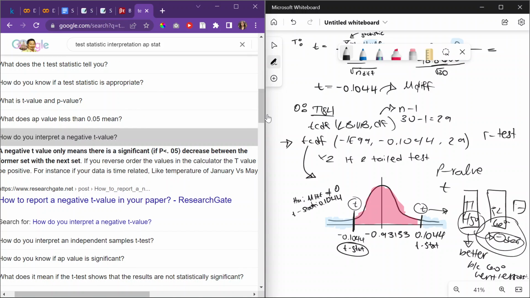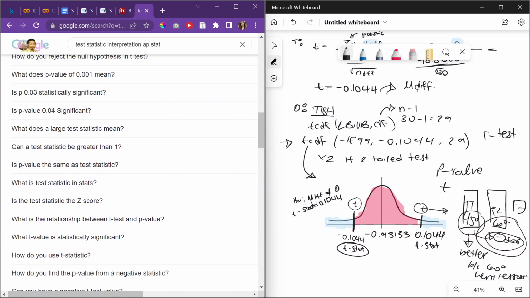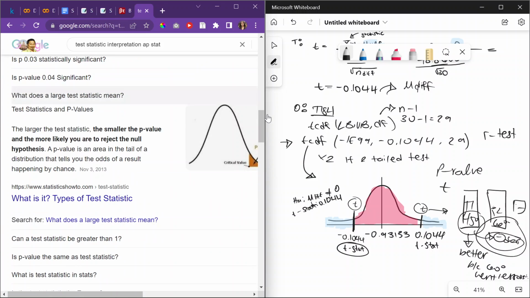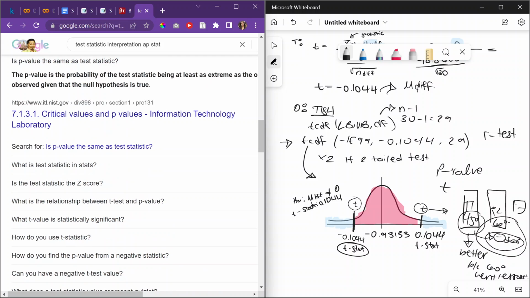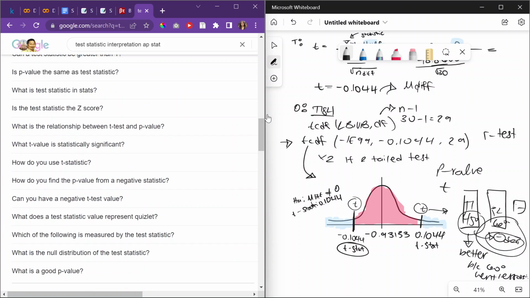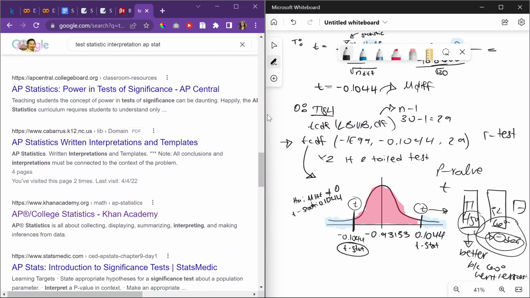The p-value is the probability of the test statistic being at least as extreme as the one observed, given that the null hypothesis is true. So then what is the test statistic? Is it the statistic for the test?